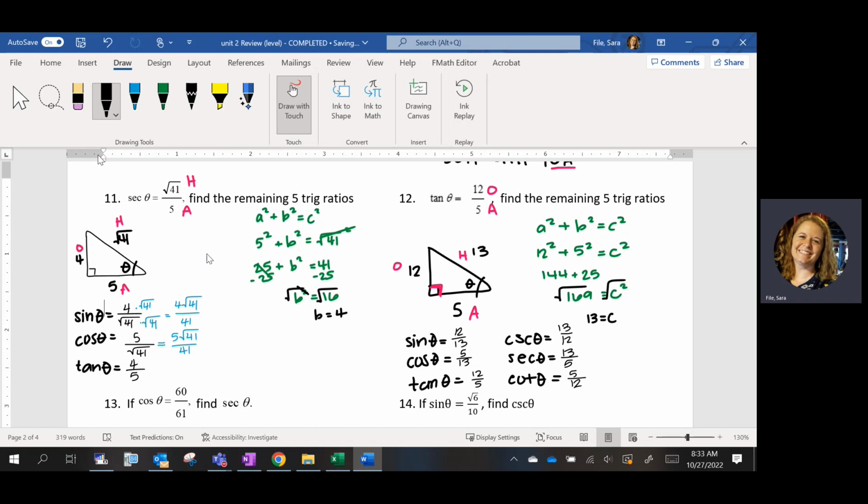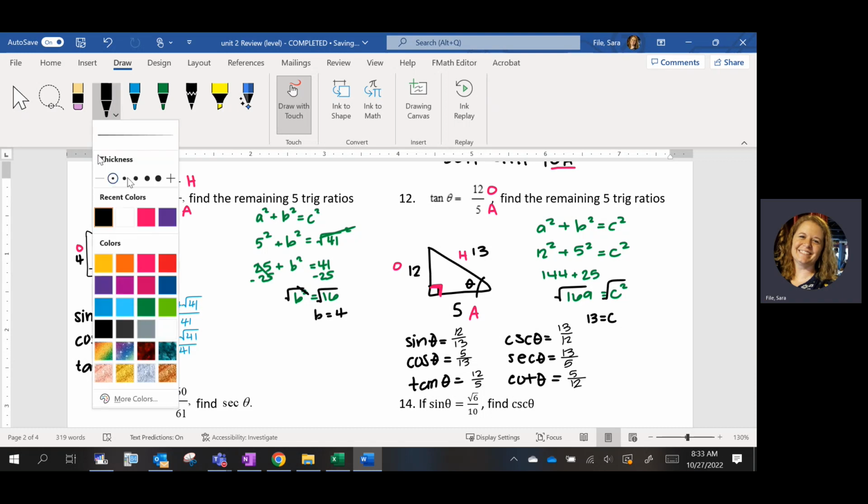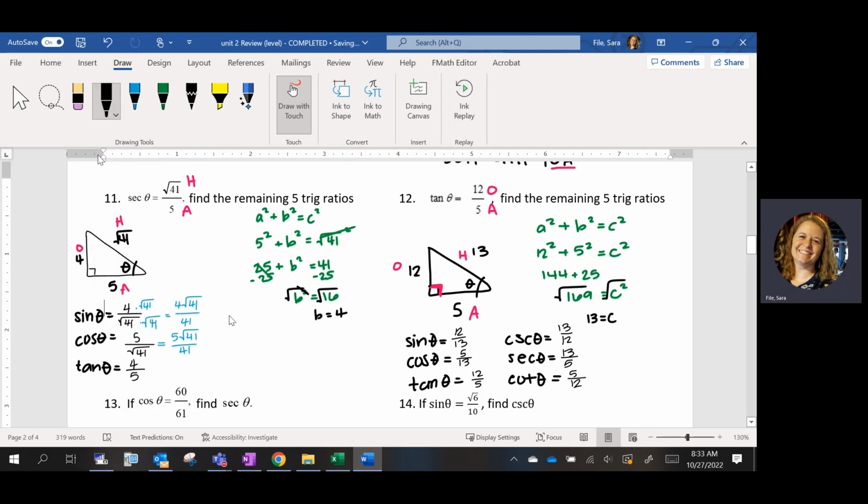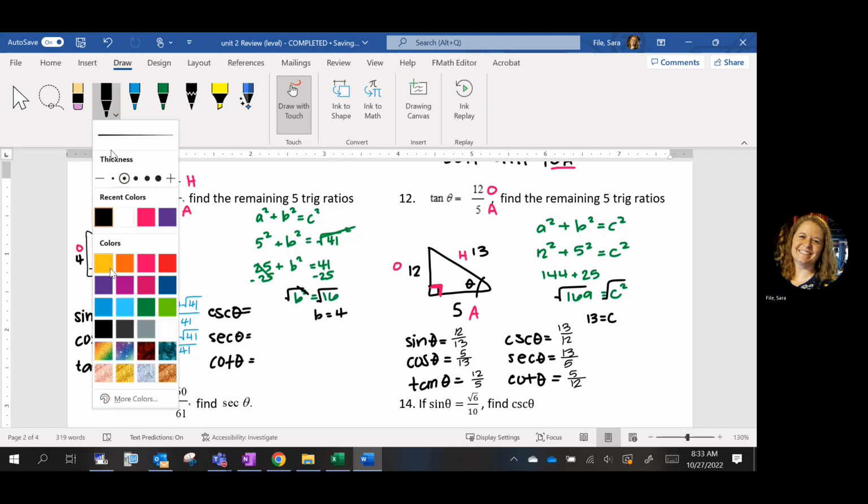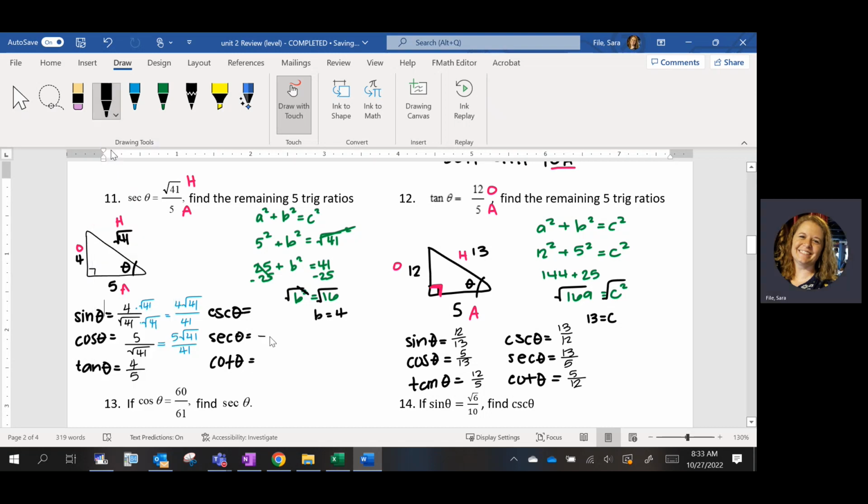All right, so then the reciprocal functions. The reciprocal of sine is cosecant. Reciprocal of cosine is secant. That was the one that was given. And then the reciprocal of tangent is cotangent. So obviously secant, we know that was the given, square root of 41 over 5.